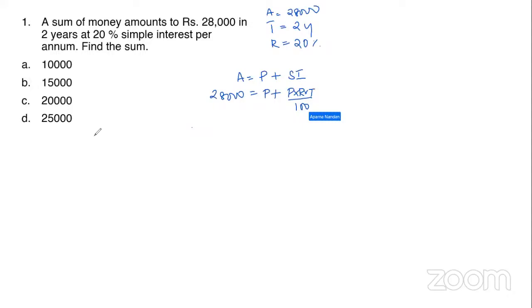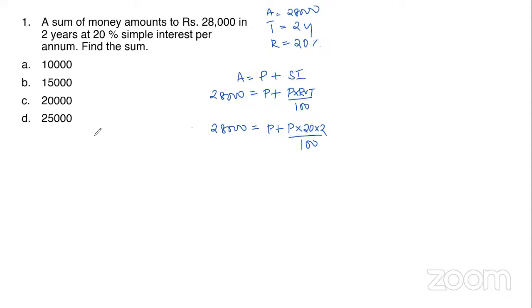Okay. So now what you have to do is just substitute the values and then equate. So 28,000 is equal to P plus P into R, which is 20, and T is 2, by 100. Now, P is common here, so you can take P outside and the others inside the bracket.